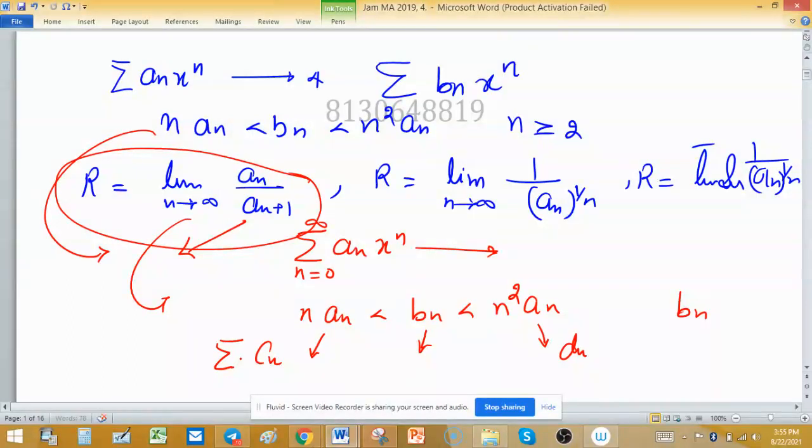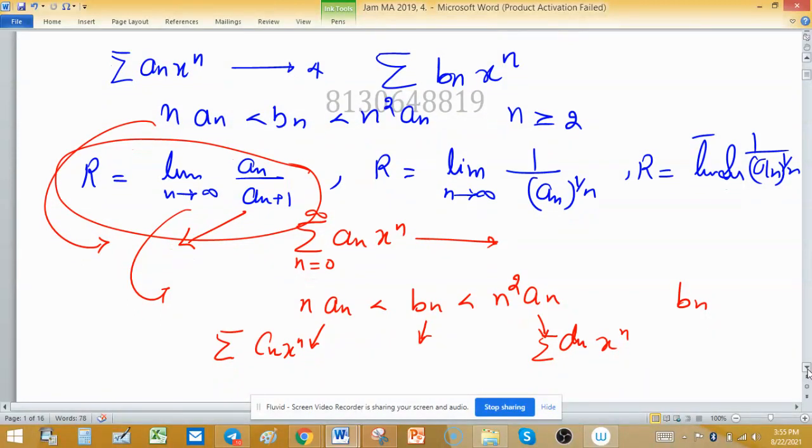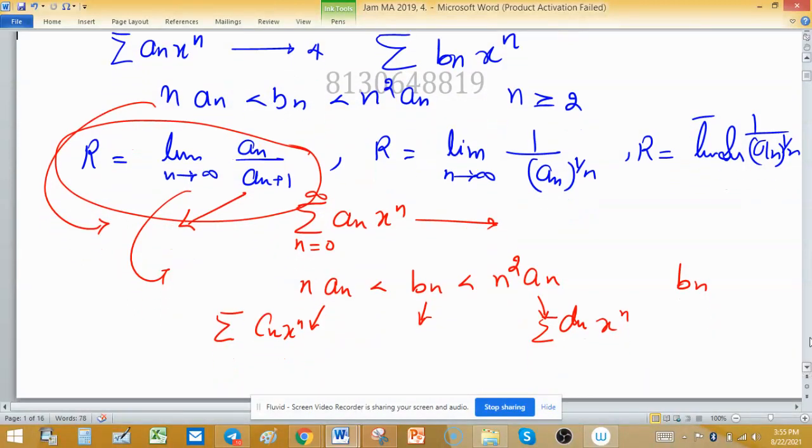So we have the series Σ cn x^n, which will be one series, and Σ dn x^n, which will be another series. If anyhow we can find the radius of convergence of these exterior series, either left hand side or right hand side, then we can say something about the series in the middle, the interim series.